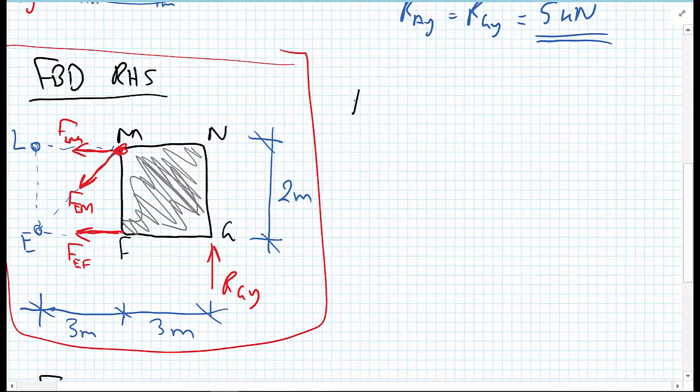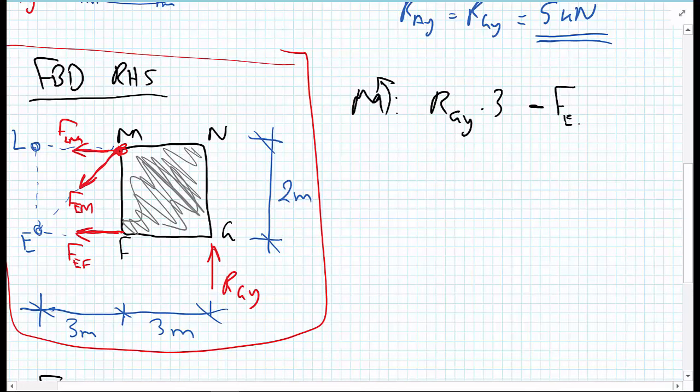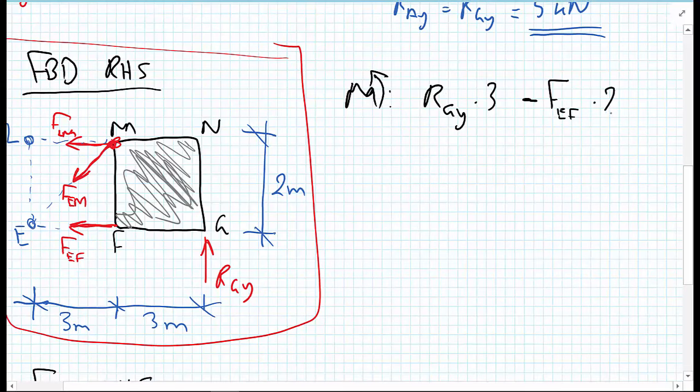So if I take the moments at point M and set up my equation of equilibrium, I have the reaction RGY multiplied by the lever arm of 3 meters, minus, so going in the other direction, I have FEF, and the lever arm now is the 2 meters, and if it's in equilibrium, the sum of those will be 0.